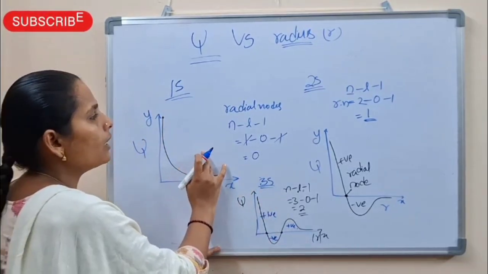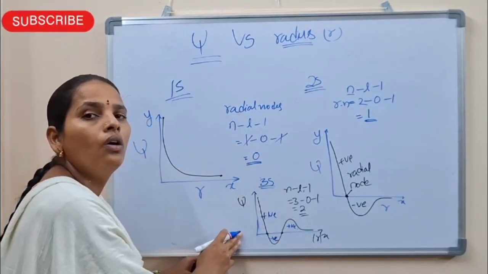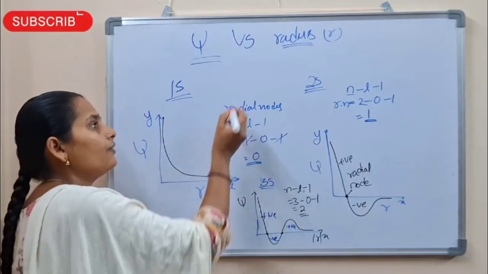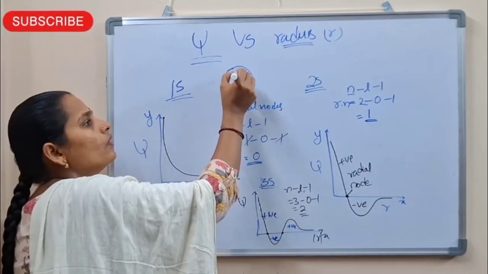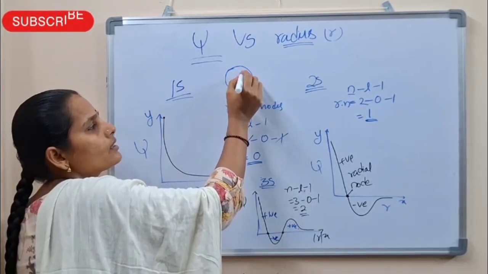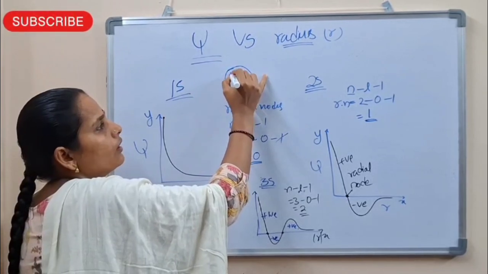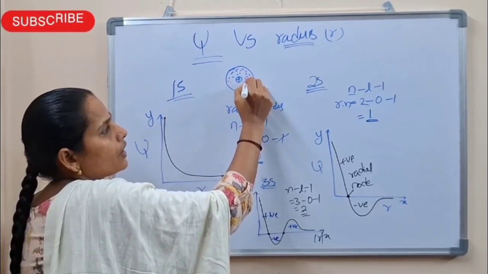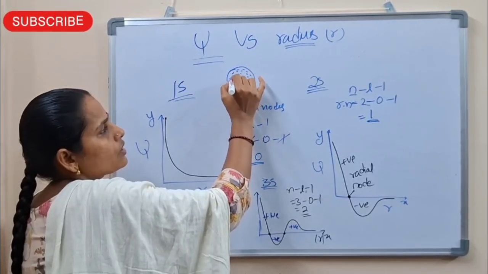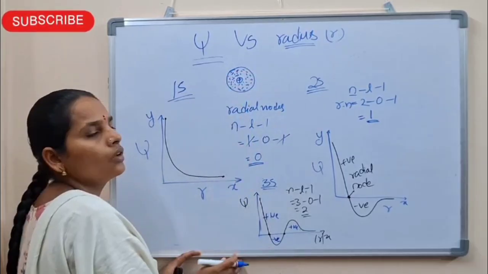In the 1s orbital there are 0 nodes. Why? Because if you take the nucleus and the 1s orbital, finding the probability of the electron is difficult as there are no nodes.